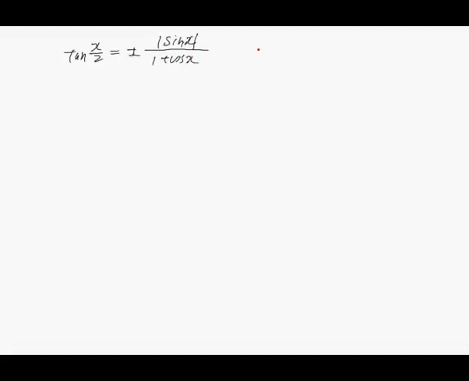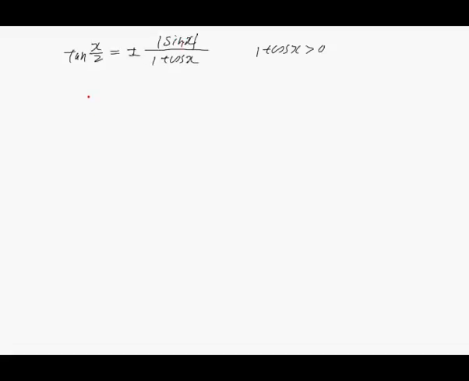We know in this case 1 plus cosine x is always positive, right? It cannot be equal to 0. It's bigger than 0. And tangent half x has the same sign as sine x.